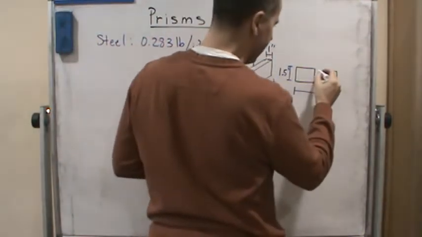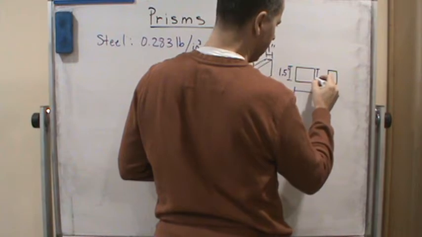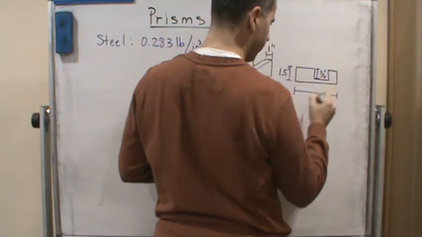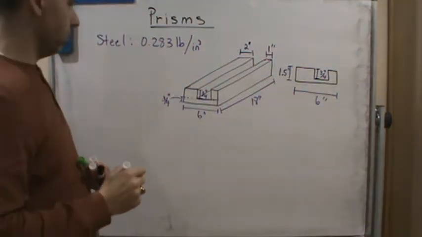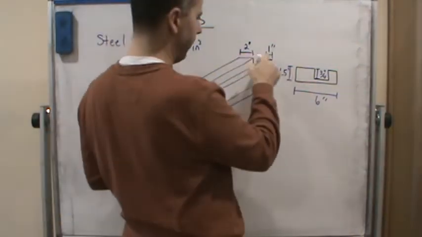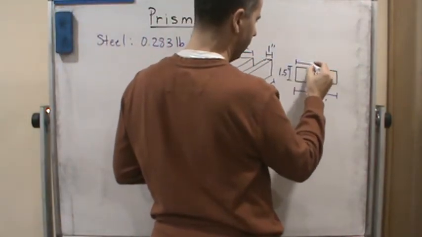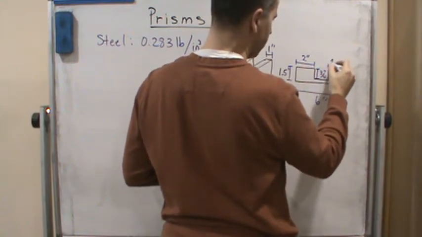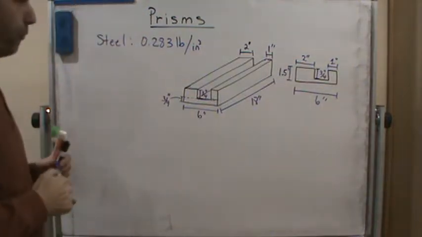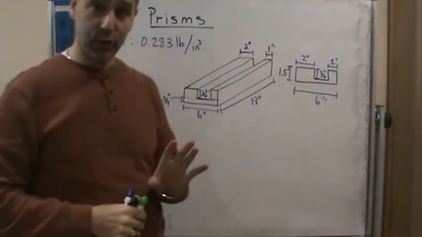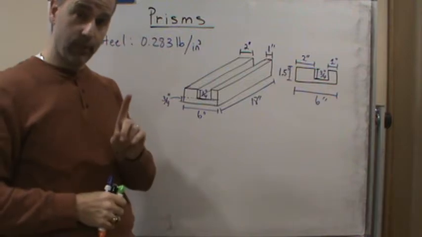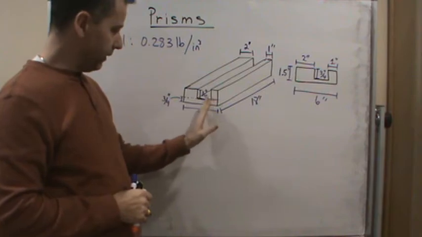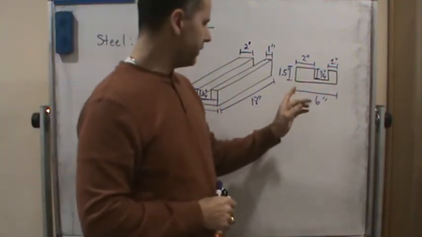We also know that this, like I just said, is 3/4 of an inch. Now, we also know from back here, this is 2 inches and this is 1 inch. Okay, so now we need to find the volume. What do we do? Remember, for volume, we've got to get the area. Because if you think about this, we could fill this in.